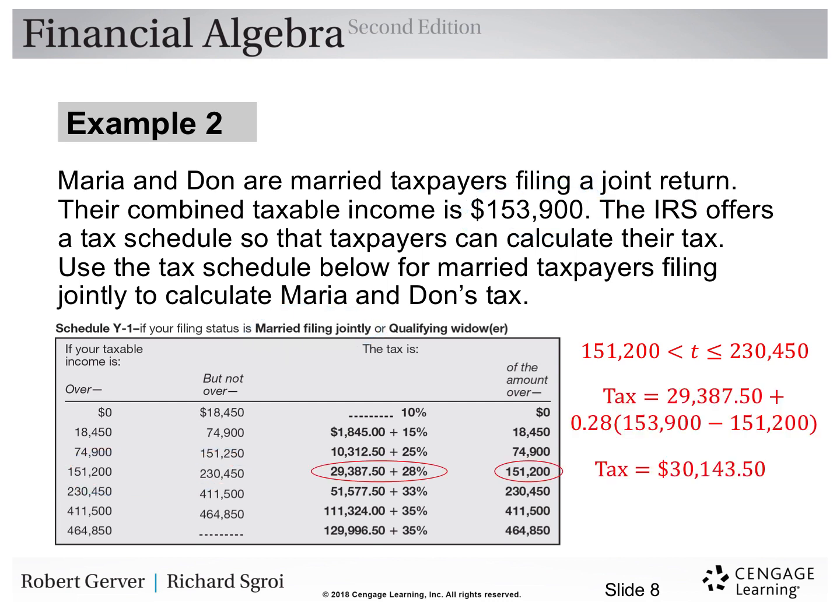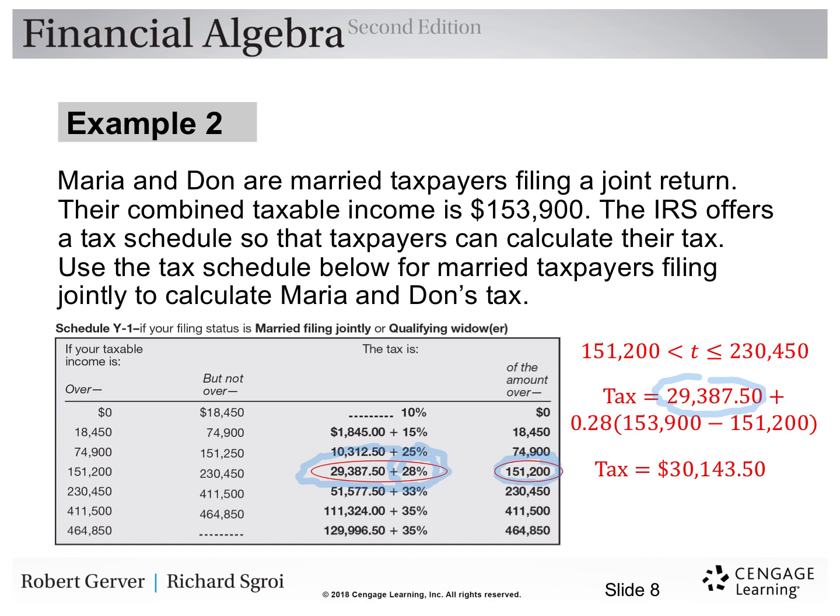So their tax can be calculated by taking $29,387.50 and adding to that, notice, plus 28% of the amount over $151,200.